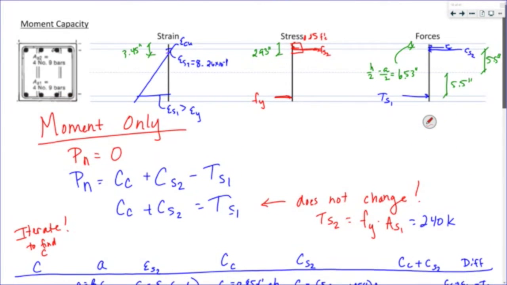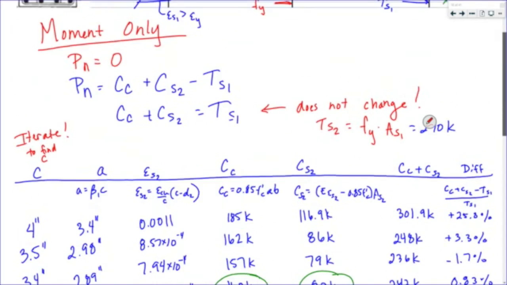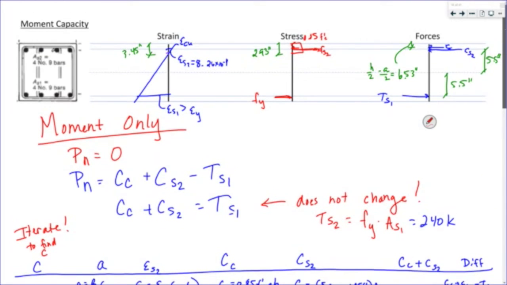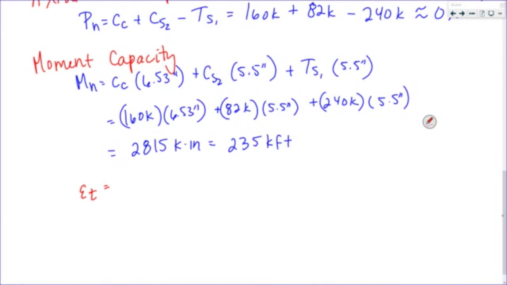Epsilon T is equal to epsilon cu over c times d minus c.